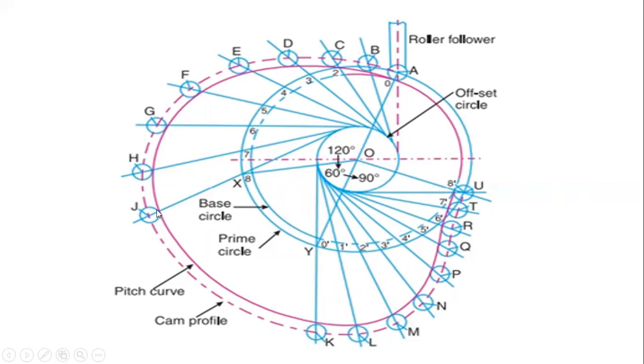So for the 60 degrees, you have to take the radius as OJ and draw an arc from J to K points. Then we have the return stroke.